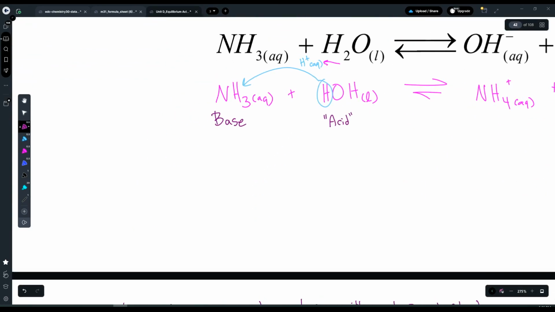Okay, so let's actually write that as a note just at the bottom of this page.